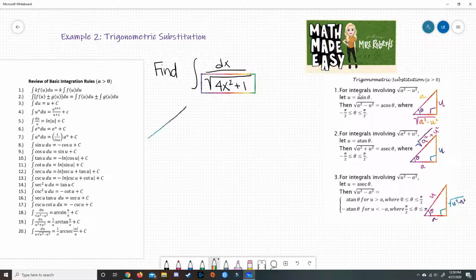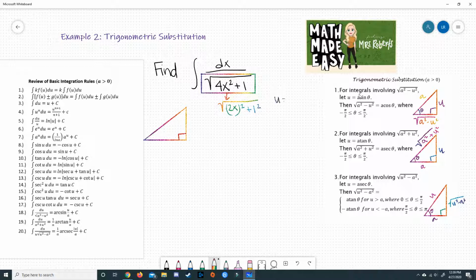So go ahead and draw a right triangle. This rule says that our a squared plus u squared is going to be the hypotenuse. Now remember, the u squared piece of it is actually the part that has an x in it. And we could rewrite this right here as the square root of 2x squared plus 1 squared.